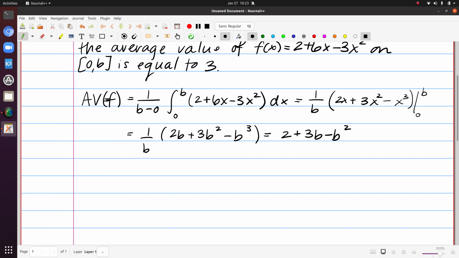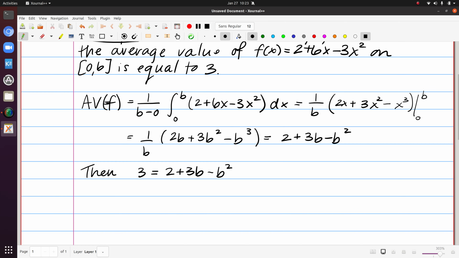So what we want to consider here is if we are setting this equal to 3, so 3 is equal to 2 plus 3b minus b squared. Again, that's because we want the average value to equal 3. Then this is the same thing as wanting to find where b squared minus 3b plus 1 is equal to 0. That's not going to factor nicely.